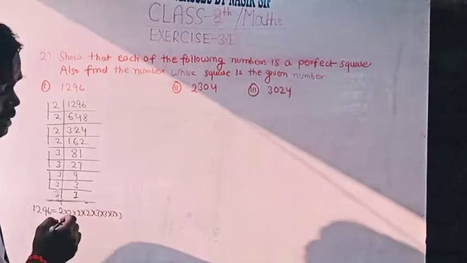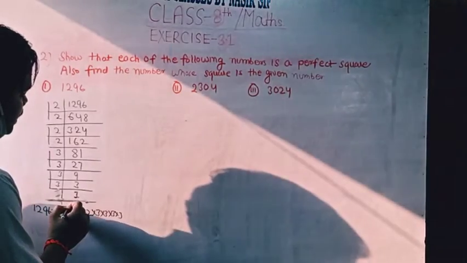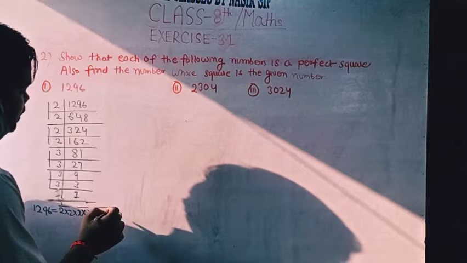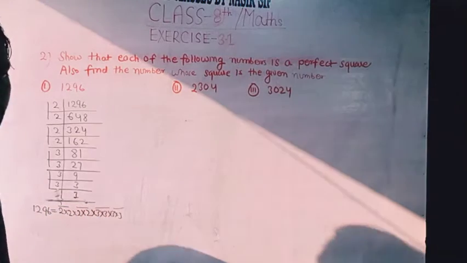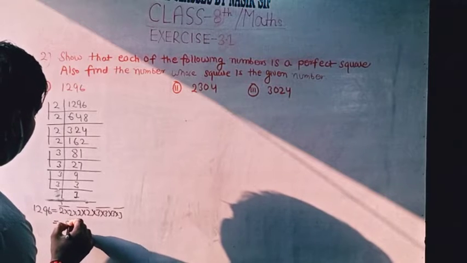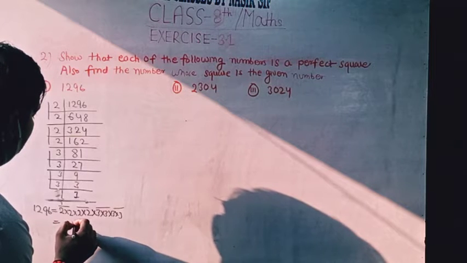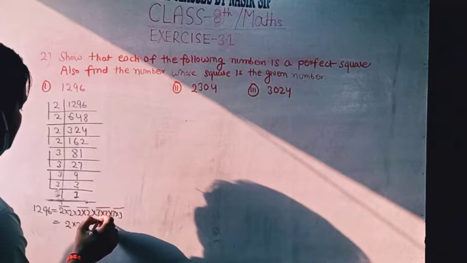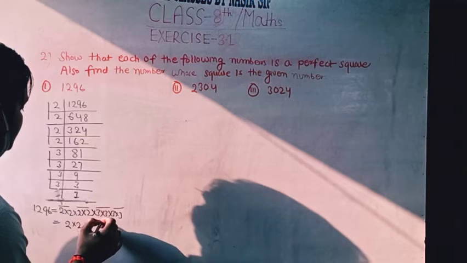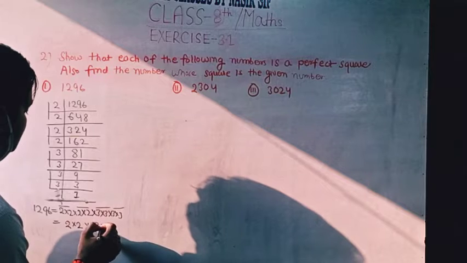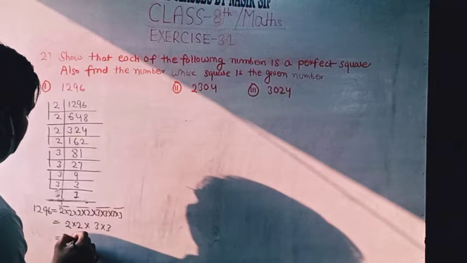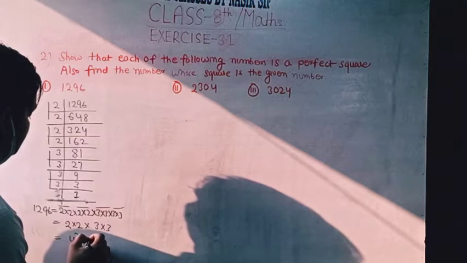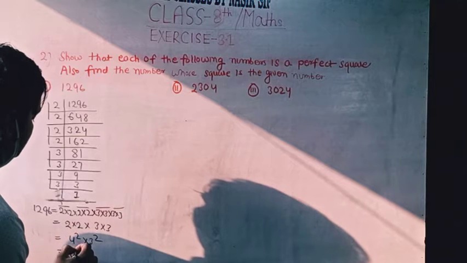So this is expressed as a product of equal prime factors. Taking pairs, this is 2 into 2 into 2 into 2, 3 into 3 into 3 into 3. So this is 4 square into 3 square.